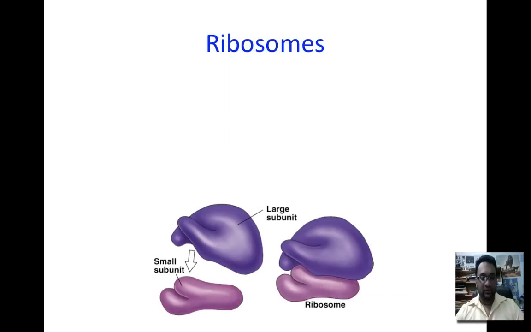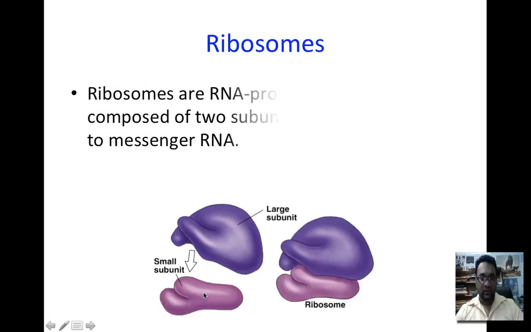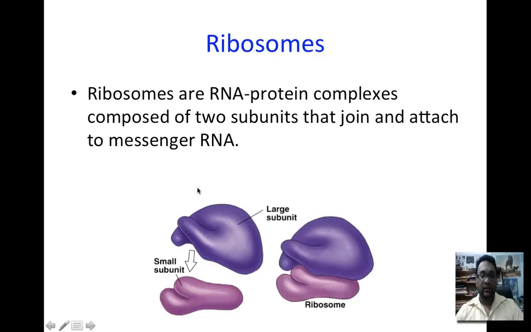All right, so ribosomes. The ribosomes are made up of a large subunit and a small subunit. Ribosomes are RNA protein complexes composed of two subunits that join and attach to the messenger RNA. So basically, there's a binding site on the small subunit for the mRNA.